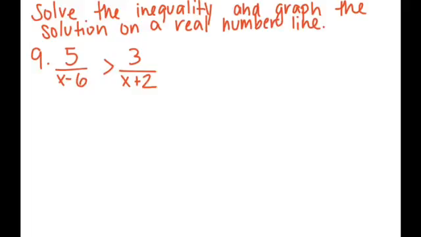Okay, so in the next problem, we're going to do the same thing. So solve the inequality and graph the solution on a real number line. So first you have to bring everything over to one side.